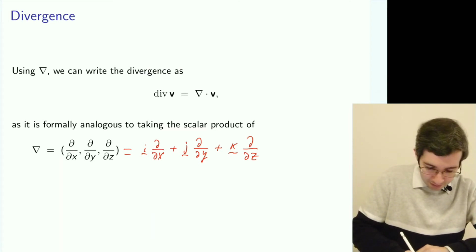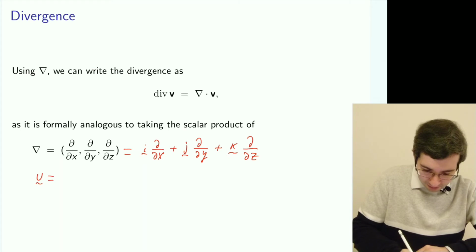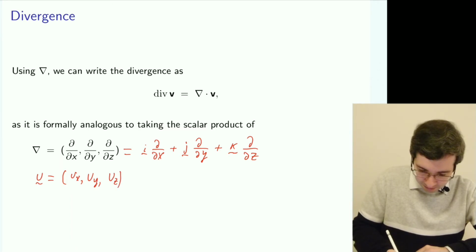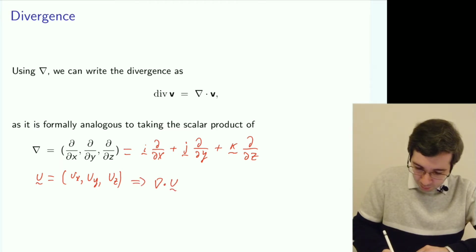So in fact, if we take the vector field, which we also can write like that, Vx, Vy, Vz, and take their scalar product, then the divergence will be exactly as it's defined.